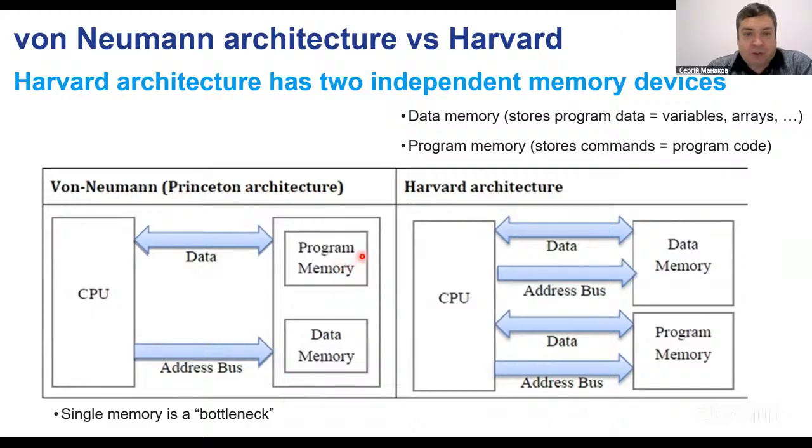We have both our program code and program data, our variables, arrays, and other stuff, in a single memory. And this produces the so-called bottleneck of the von Neumann architecture. By the way, it is used in Intel and AMD CPUs. The second type is Harvard architecture, which is used in, for example, microcontrollers and mobile chips.